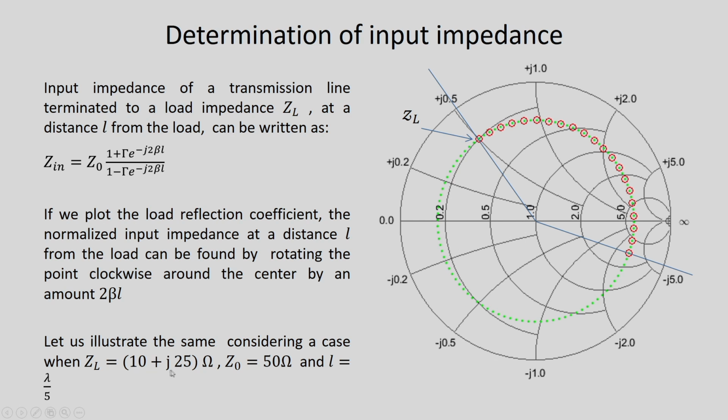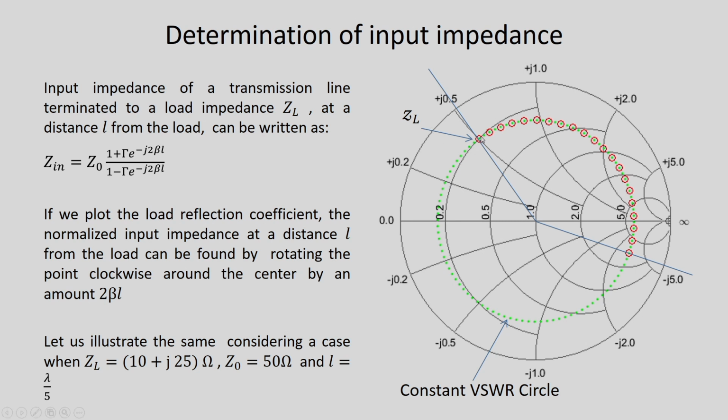If you divide 10 plus j 25 by 50, you will get 0.2 plus j 0.5, and from this point, if you draw a circle, this circle will be called the constant VSWR circle. So, any point on this circle has the same magnitude of reflection coefficient and therefore, the same value of the VSWR.